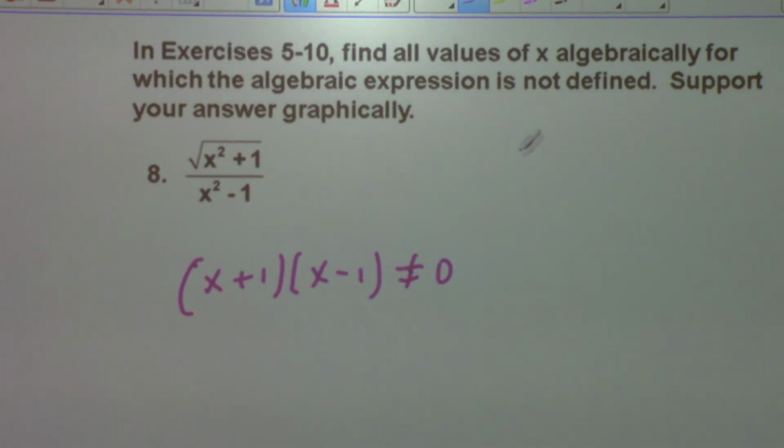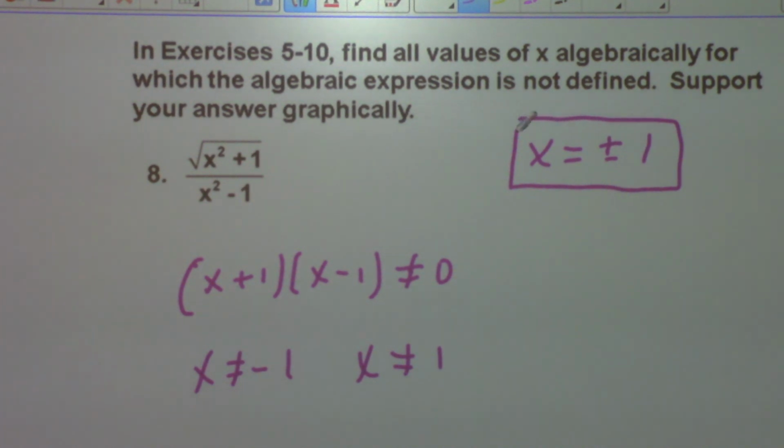So we have x is not equal to negative 1, x is not equal to 1. So for what value is the function not defined? 1 and negative 1. Plus or minus 1, okay? So that's number 8.